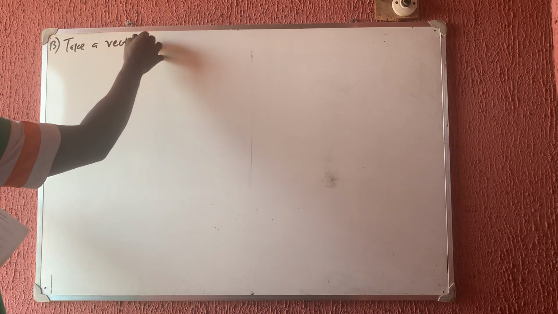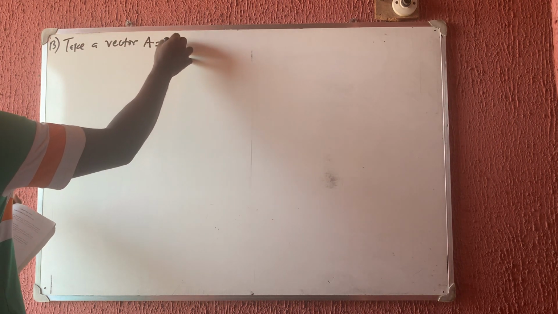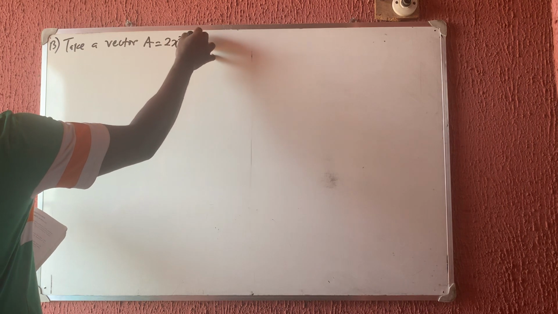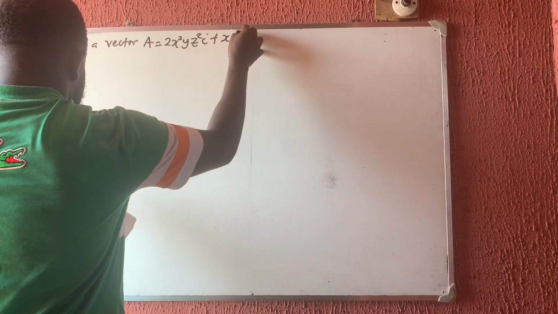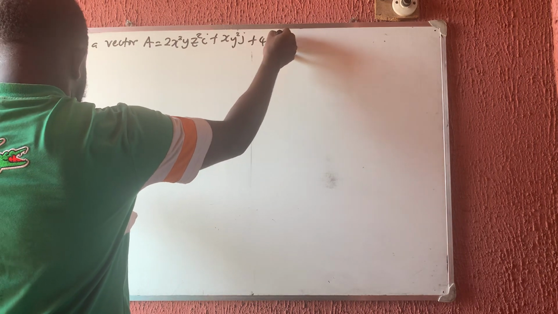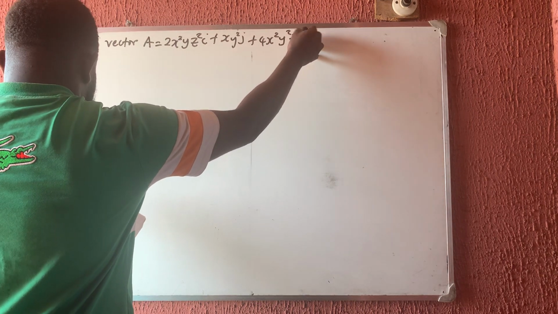So question number 13, we're almost done, remaining two. Question number 13 says: take a vector A equal to 2x squared yz squared i plus xy squared j plus 4x squared y squared z squared k.